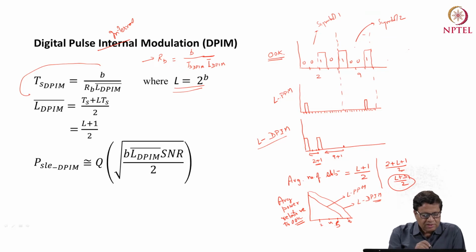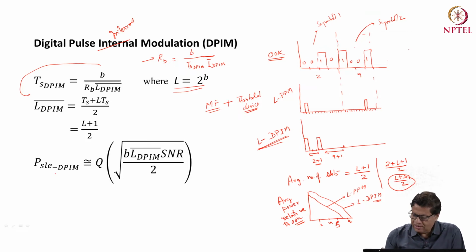So now this composite signal, the L-DPIM, can be fed to a matched filter, and we can have some threshold device in order to recover empty slots or the slots which are full. As we had calculated the slot error probability in earlier cases, in a similar fashion we can calculate the slot error probability for DPIM.